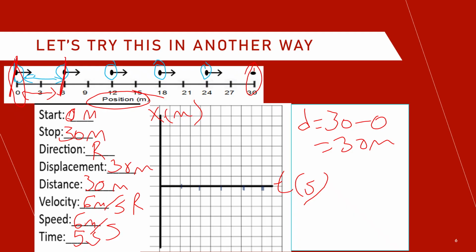And we have a position between 0 and 30. So we're going to move by fives, or actually we can move by threes. Let me see if we can move by 3, 6. Okay, that will be perfect. So this is my 3, 6.